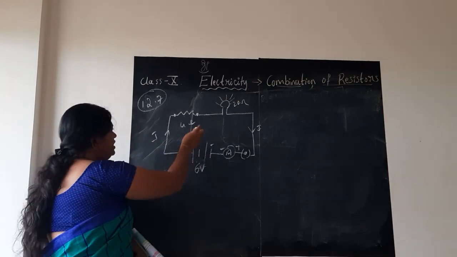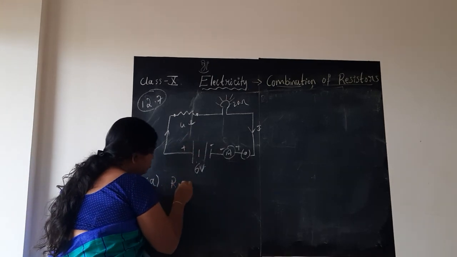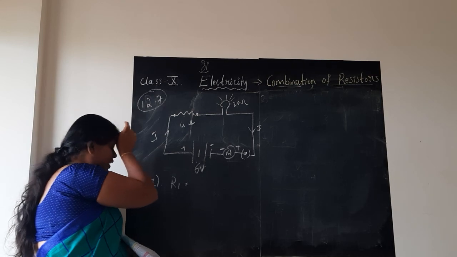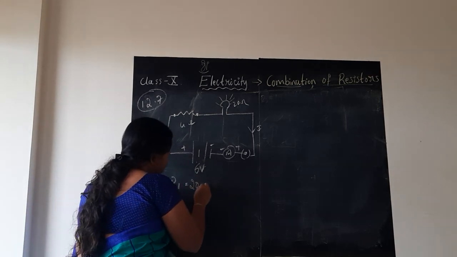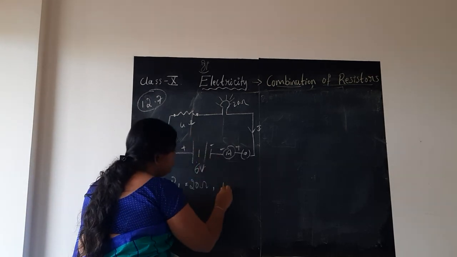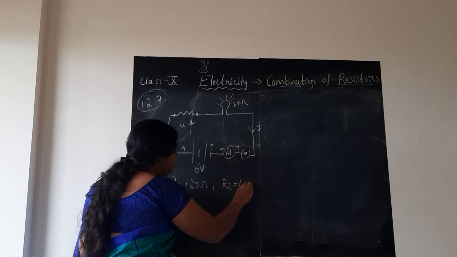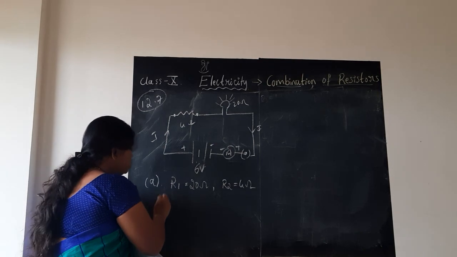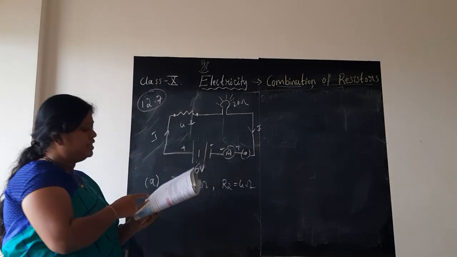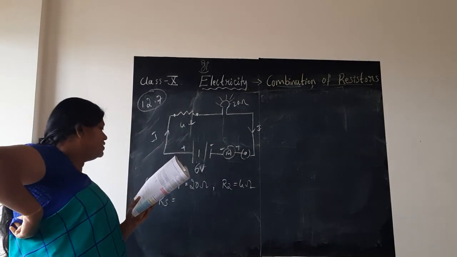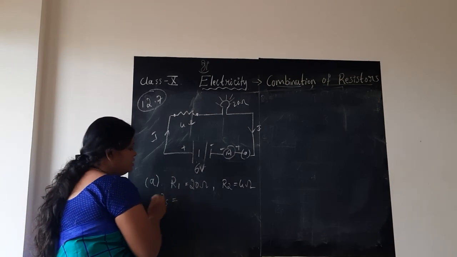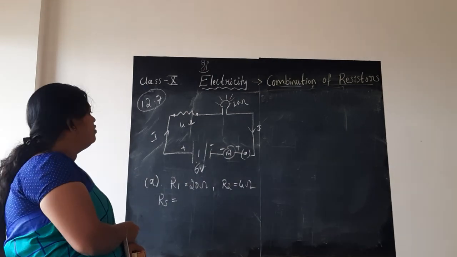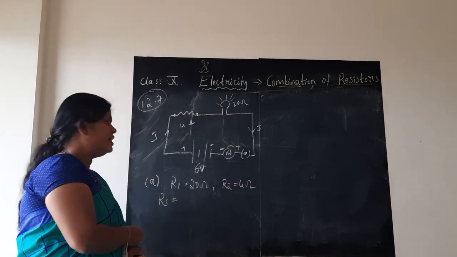So, let us write the value of the electric lamp or the electric bulb R1 to be 20 ohm, whereas the resistance of the conductor, let us take it as R2 and write it as 4 ohms. Now, in the first part, they are asking us to find the total resistance of the circuit. Just now we learned the formula to find the resistance in series.